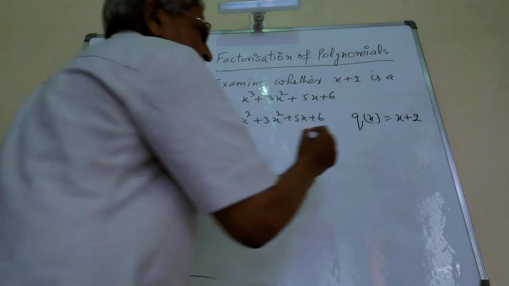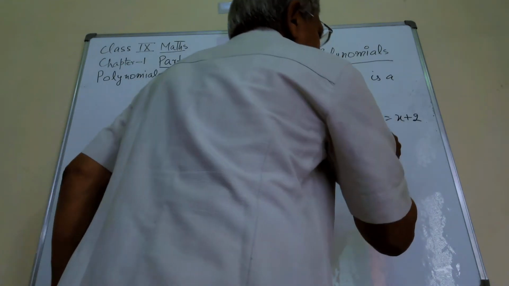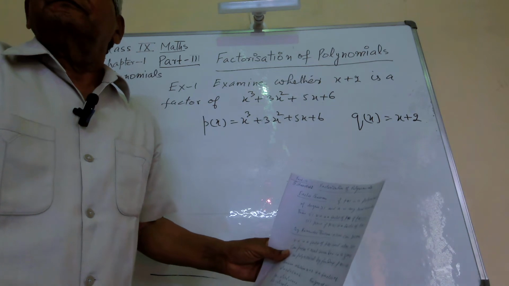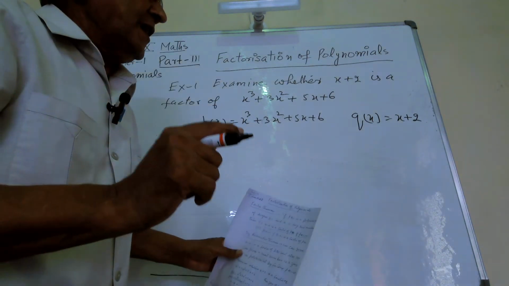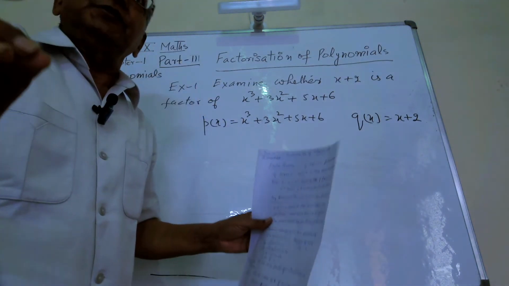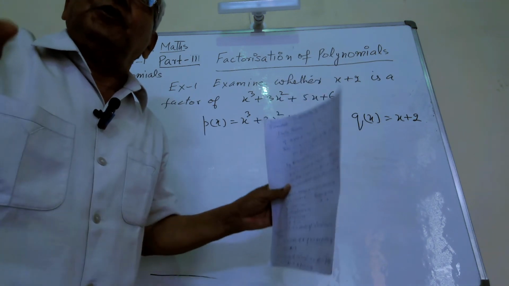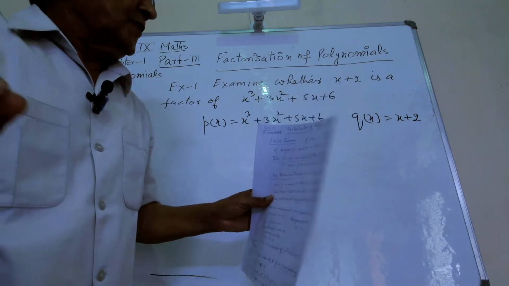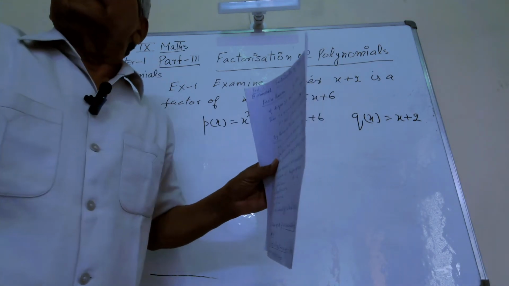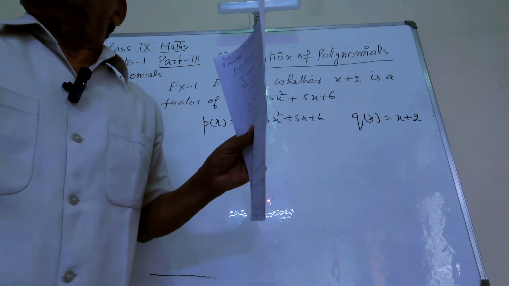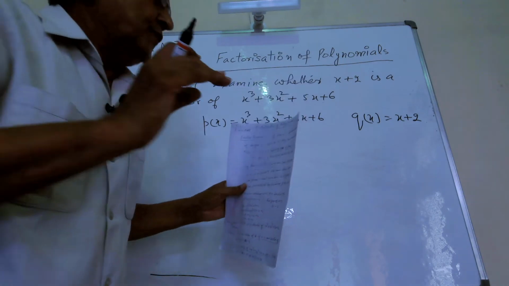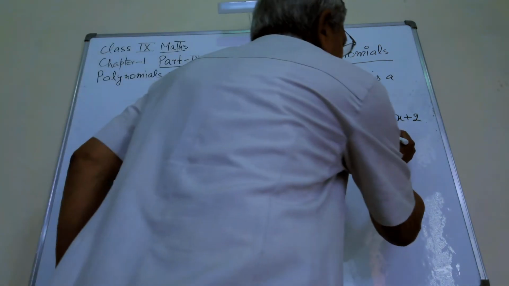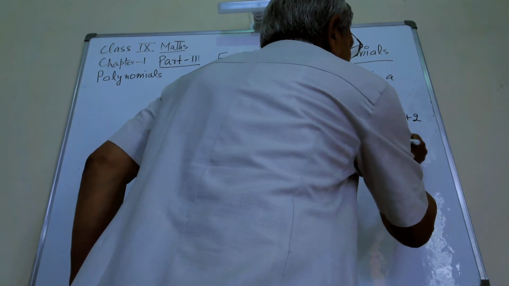Now find out the value of x. I am going to use the remainder theorem. Yesterday I told you about the remainder theorem. The remainder theorem is very essential for checking whether one polynomial is a factor of another. Now find out the value of x: x is equal to minus 2.